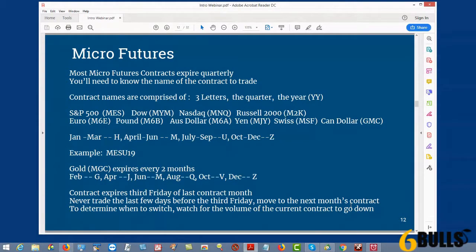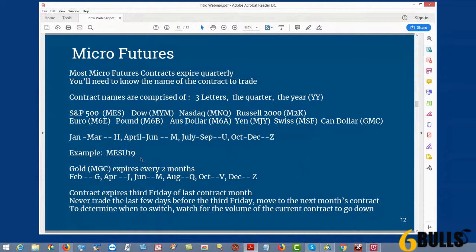If you're trading, for example, the September contract, it's a U. And then finally, a 2-character year. So, for example, the September contract for the S&P 500 is MES U19. That's an example.